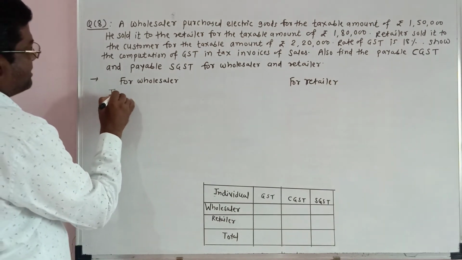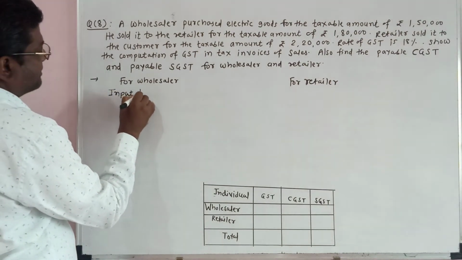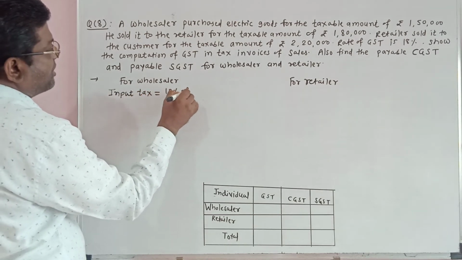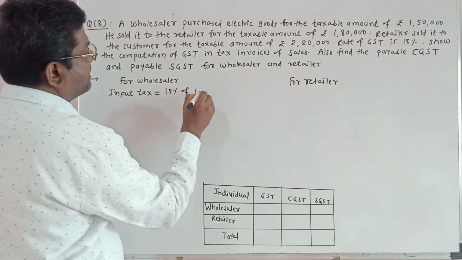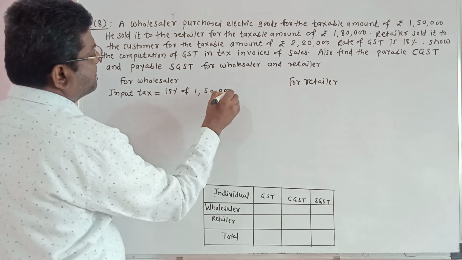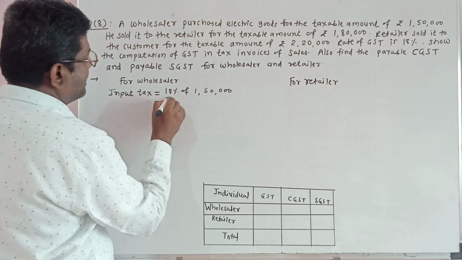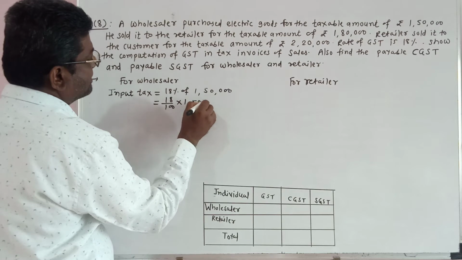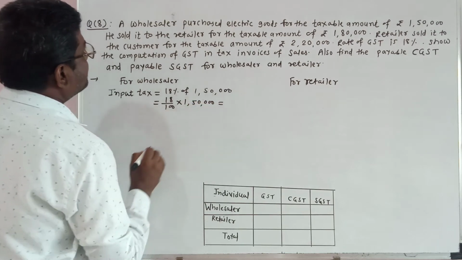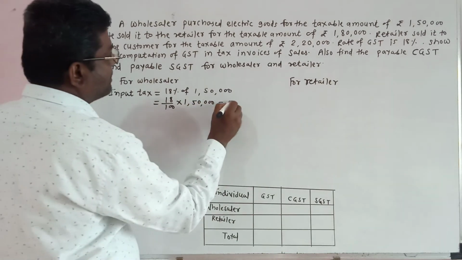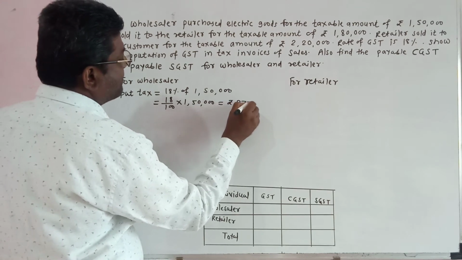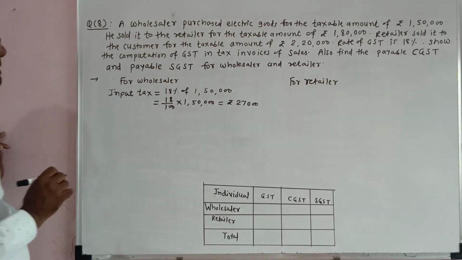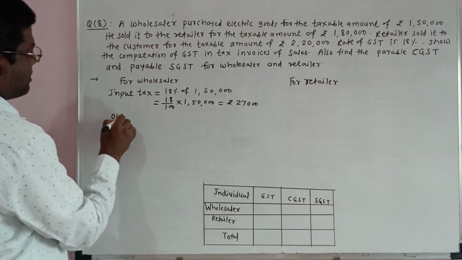So for the wholesaler, input tax is equal to 18% of 1,50,000, which is 18 upon 100 into 1,50,000. If we do this calculation, we get rupees 27,000 as input tax. Now let's find the output tax.